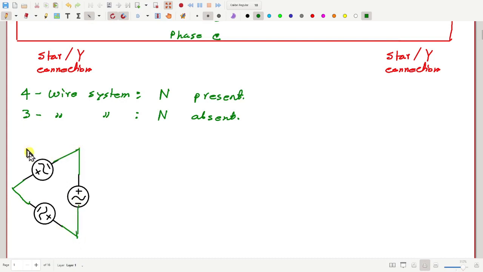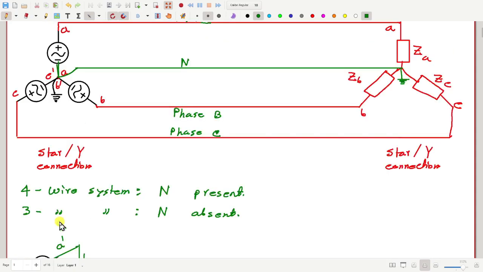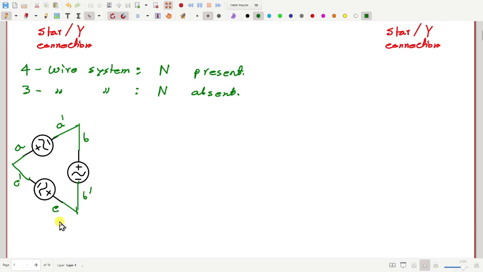Say this is A prime, this is B prime, this is C prime. Then they are connected in a closed loop.